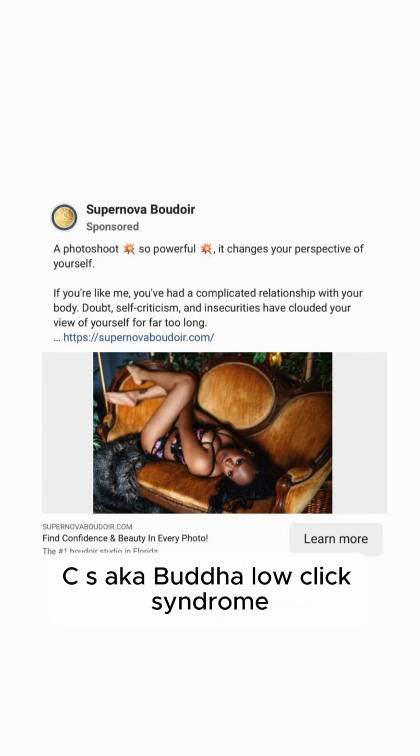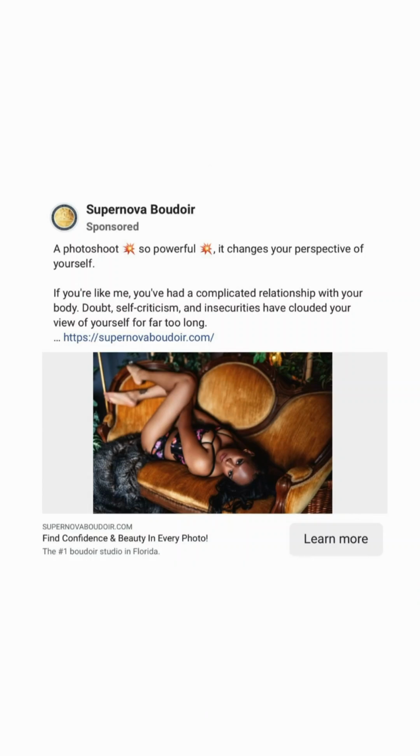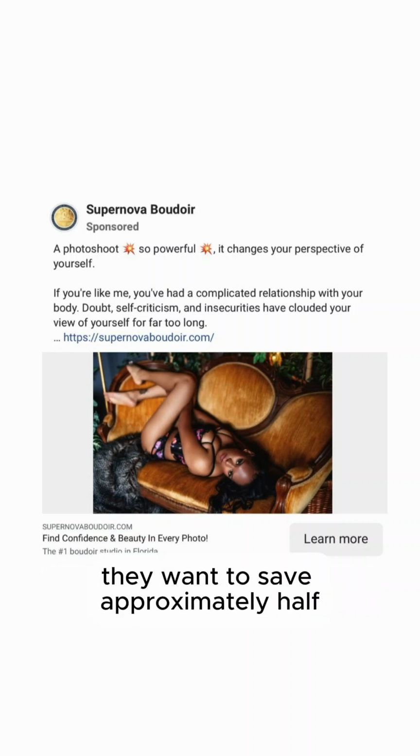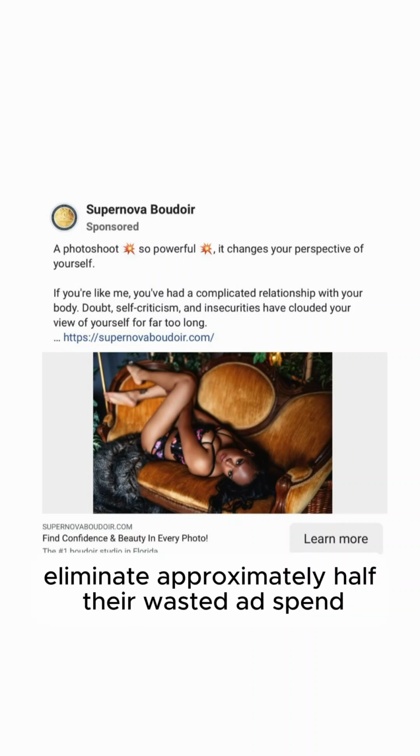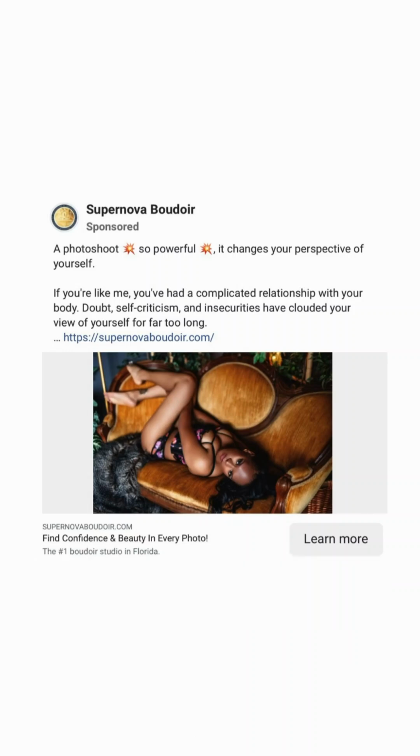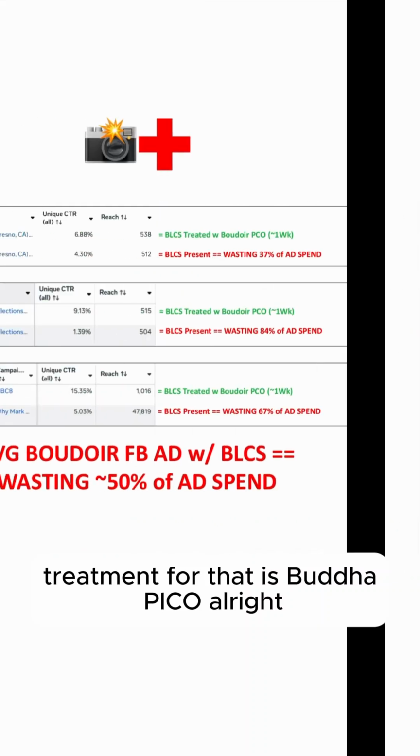From what I'm seeing here, I do believe this Boudoir Facebook ad has BLCS, aka Boudoir low-click syndrome, and if they want to eliminate approximately half their wasted ad spend, the treatment for that is Boudoir Pico. All right.